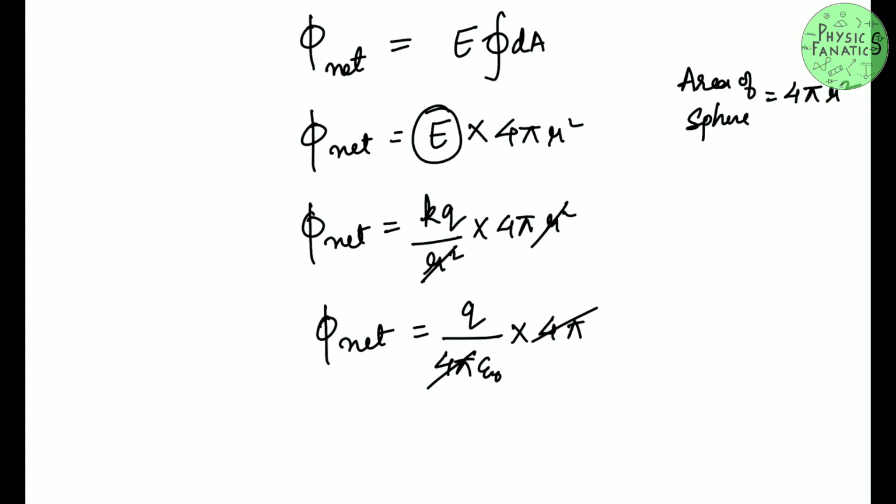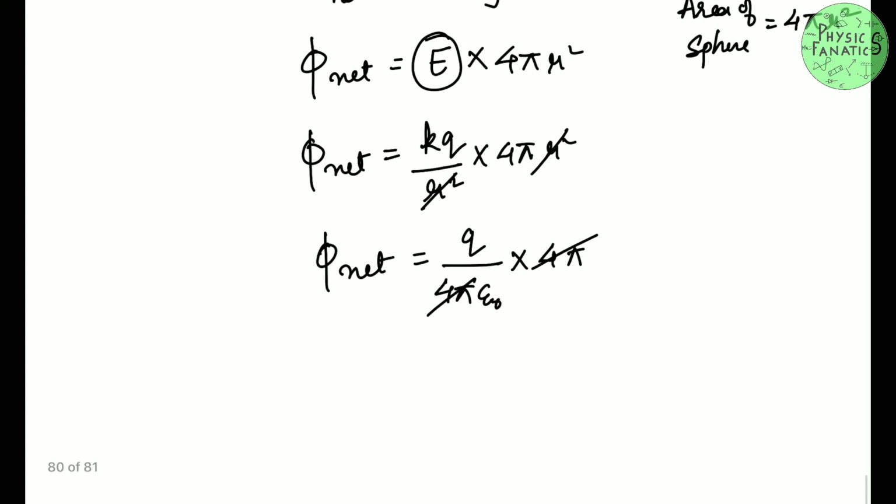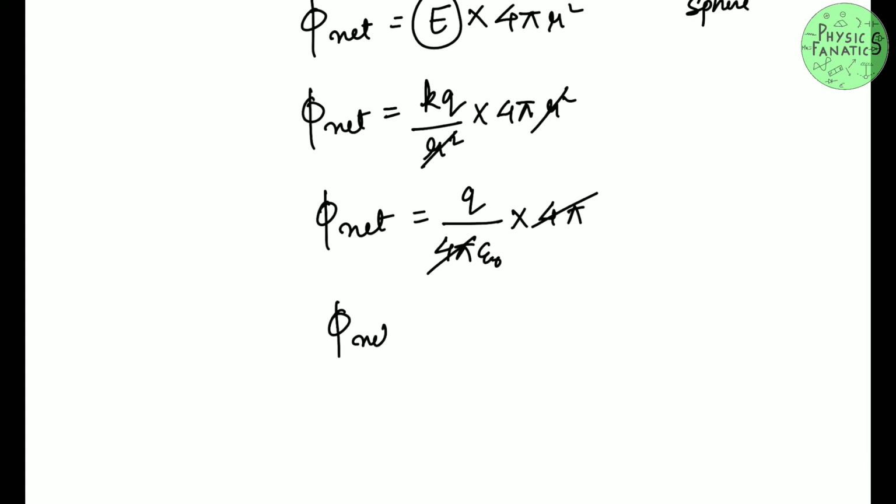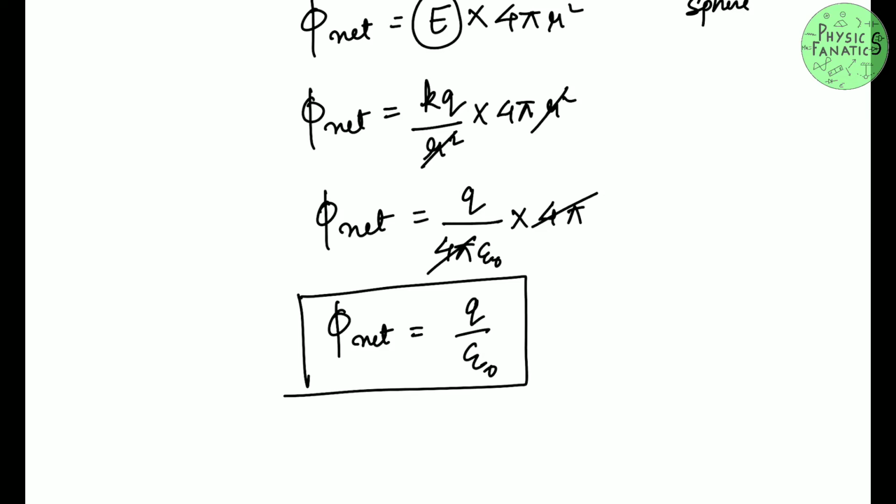So 4 pi and 4 pi will also cancel out. Okay, great. So you will get phi net is actually equal to q upon epsilon naught. Can you guys see that? The net flux that is passing through that sphere is given as q upon epsilon naught.